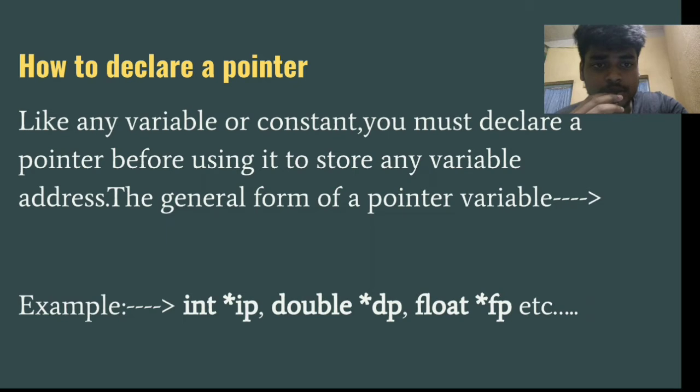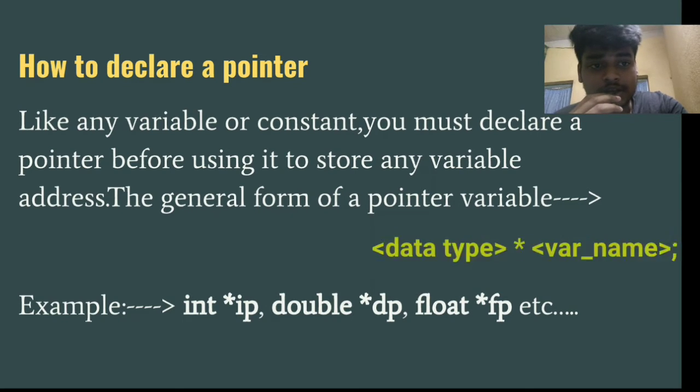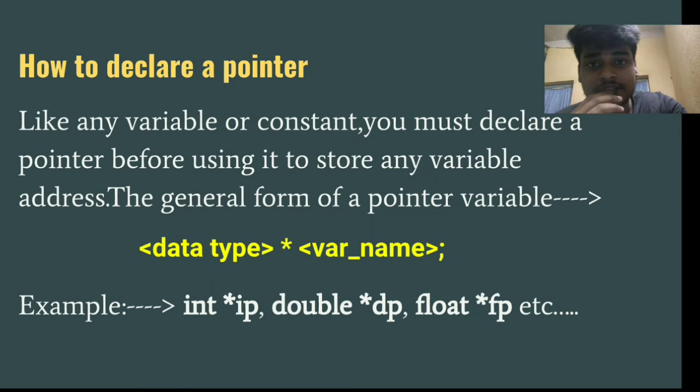The general form of a pointer variable is, at first, the data type. Data type means int, float, double, char, and then data type star var name.